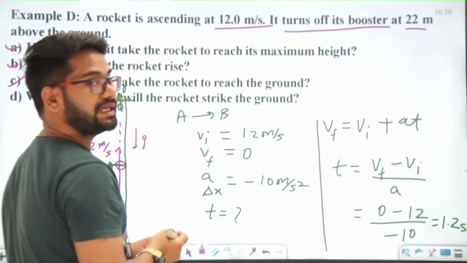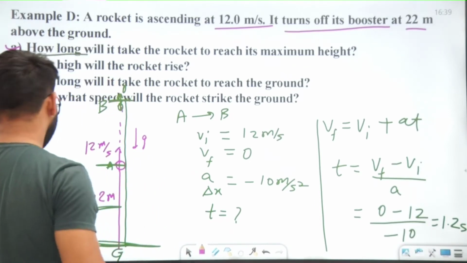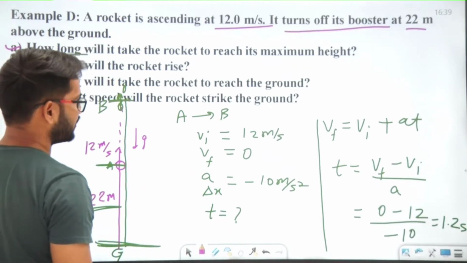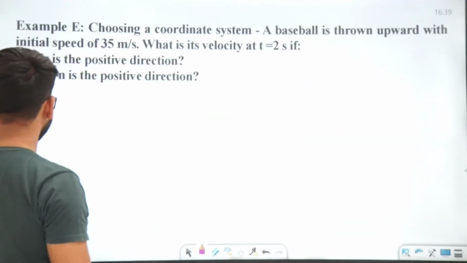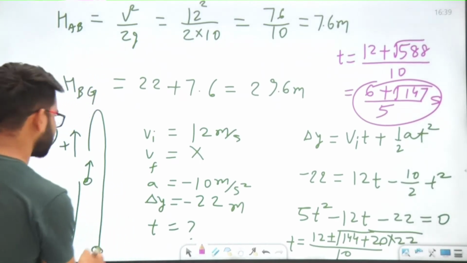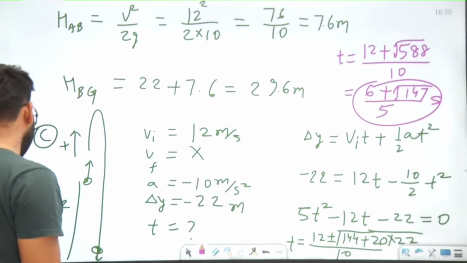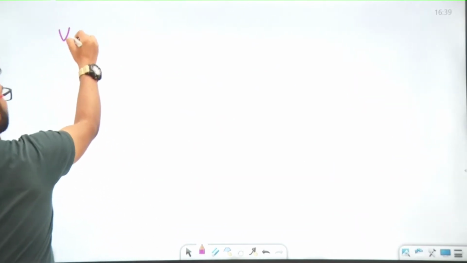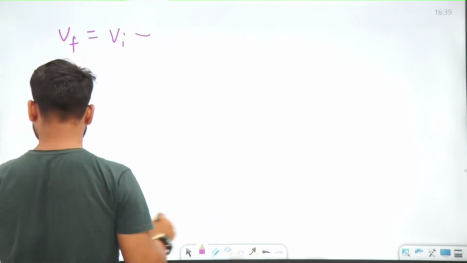Now D. With what speed will the rocket strike the ground? We can use this situation. With what speed? So we need to find out the final velocity. So students, can we apply Vf equals Vi plus at?